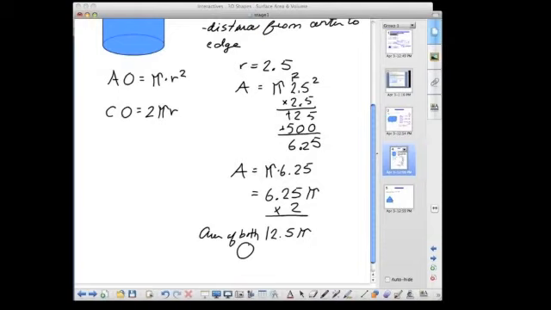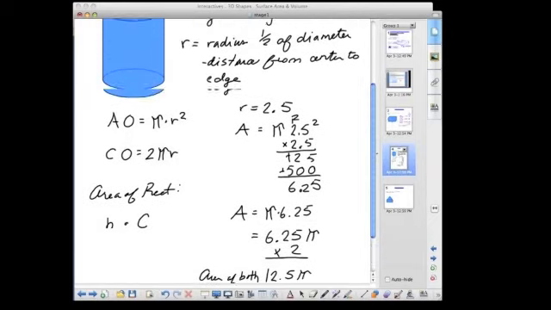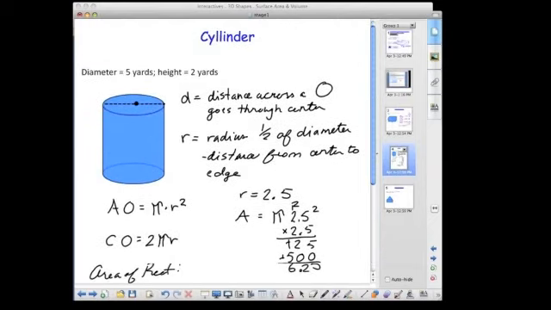The area of the rectangle, which is wrapped around the body of the cylinder, is going to be equal to the height of the rectangle times the circumference. And in this problem, my height is given to me as 2 yards.